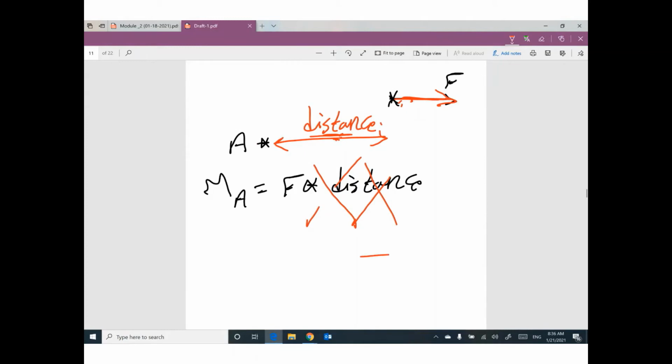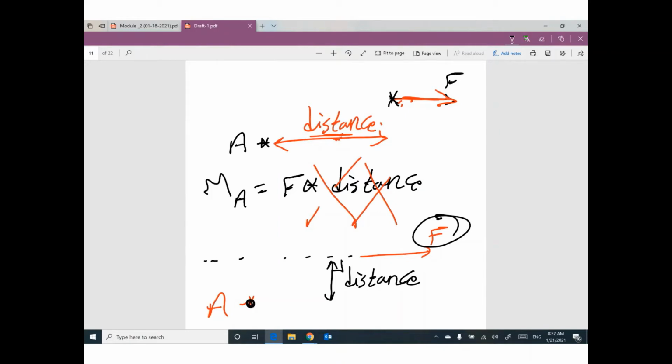But if your force is like this and your point is here, your distance must be something like this. The distance between the force and the point must be perpendicular. Must be perpendicular.